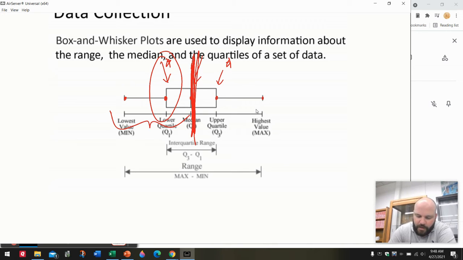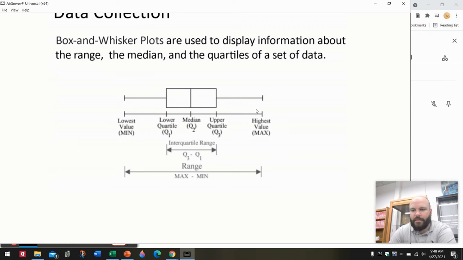The same goes here: if I cut my data in half and then find the middle number of the upper part of my data, this is called the upper quartile. If that confuses you a little bit, we will, in just a few minutes, show you how to find them. It's probably easier to understand when we're actually working with numbers.